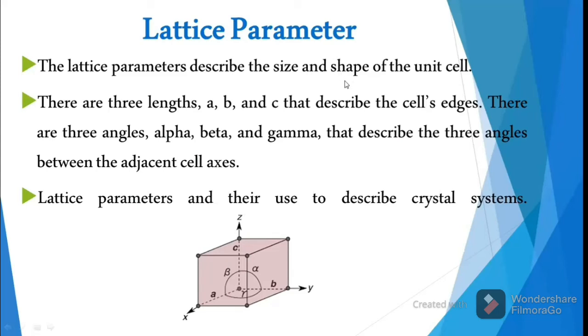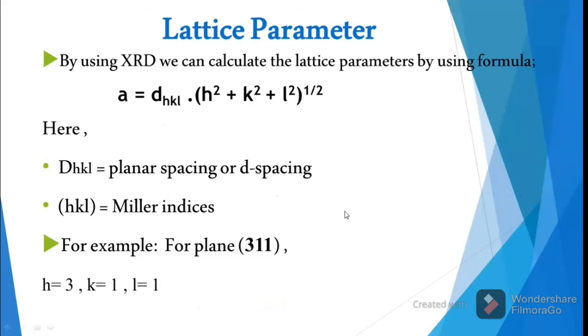Is this cubic, hexagonal, or any other type of shape? There are three lengths A, B, and C that describe the cell edges, and there are three angles alpha, beta, and gamma that describe the angles between the adjacent cell axes. Lattice parameters and their use to describe the crystal system.